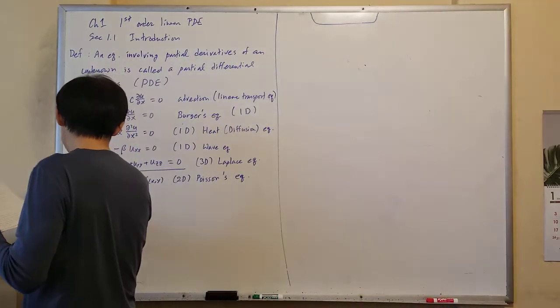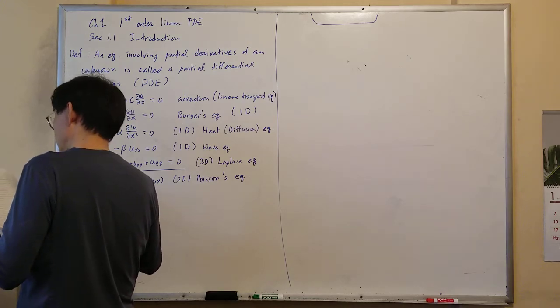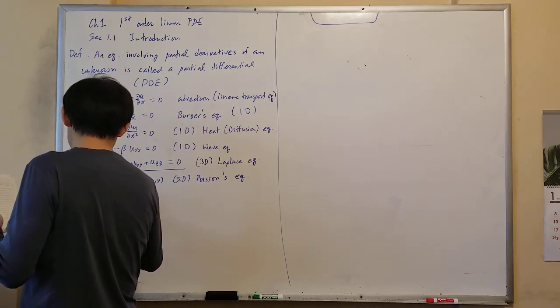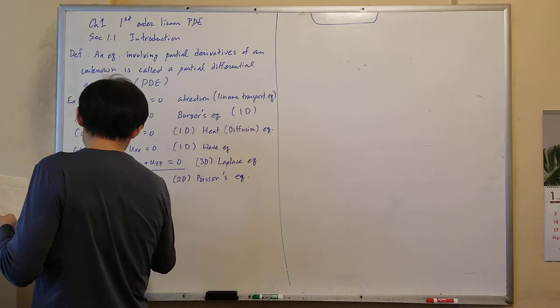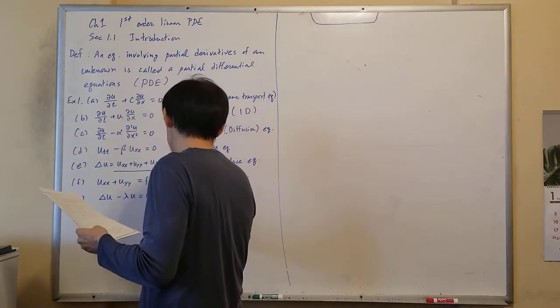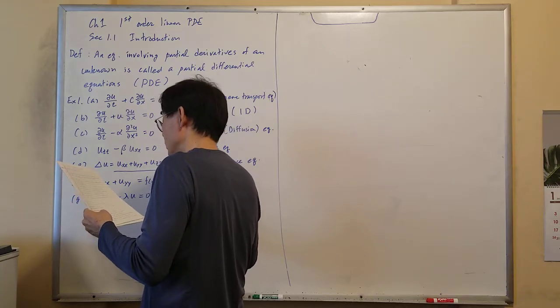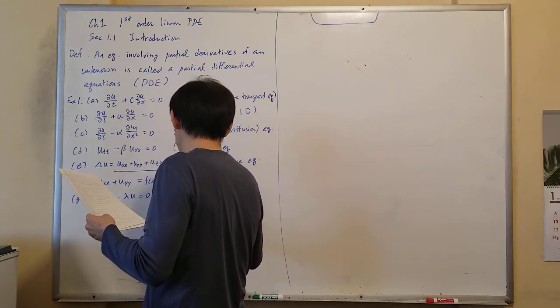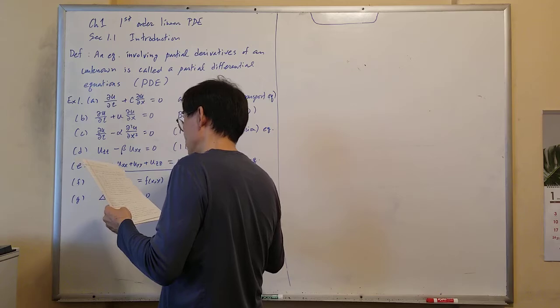G: Laplacian u minus lambda u equals 0. We call it Helmholtz equation.